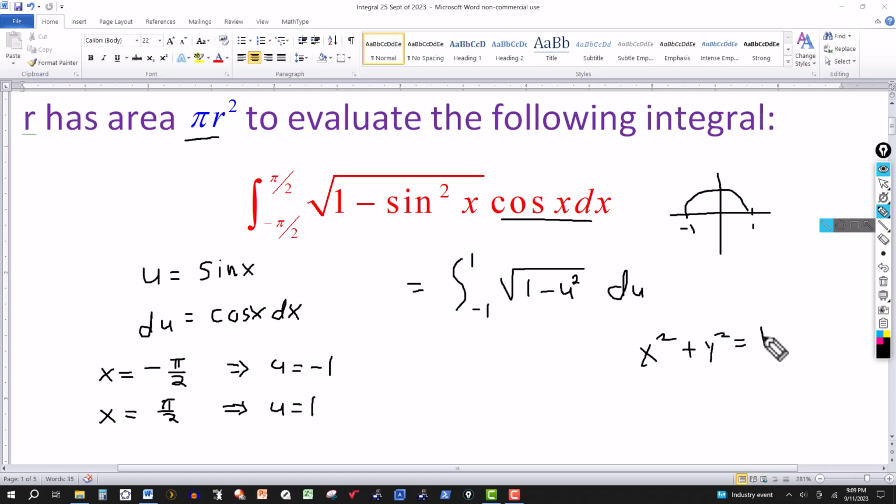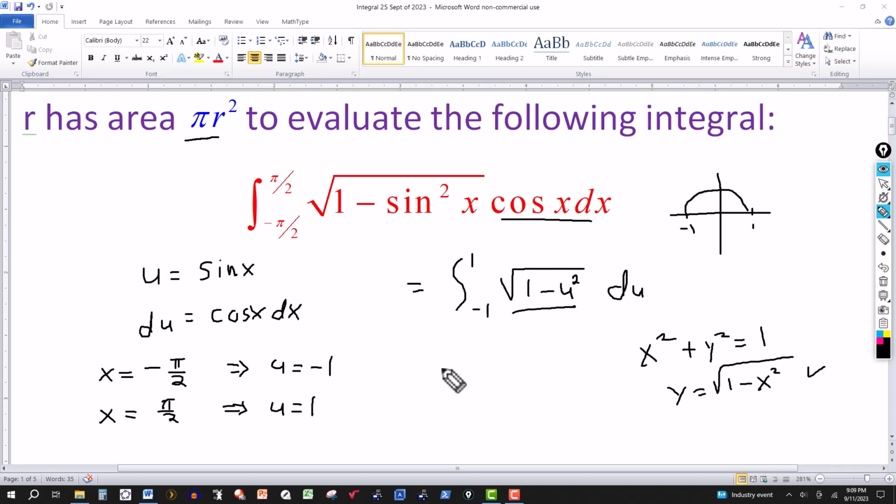That could be your r. r is equal to 1. That would be a circle of radius 1. So if I solve this for y squared and then take the positive square root, because we have this above the x-axis, this is the same thing as this, except instead of the variable x, I have it in variable u.